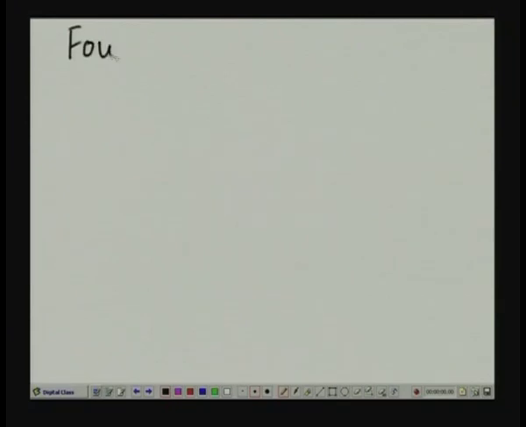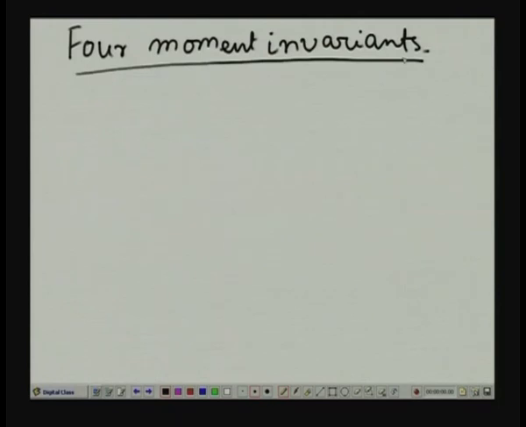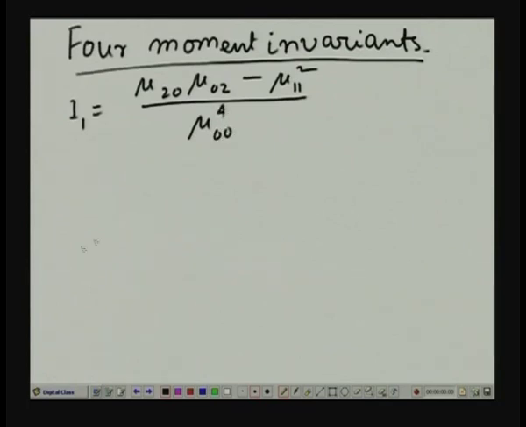There are 4 different moment invariants which have been suggested, and those 4 moment invariants are defined like this. I 1 equals mu 2 0 mu 0 2 minus mu 1 1 square, upon mu 0 0 to the power 4.